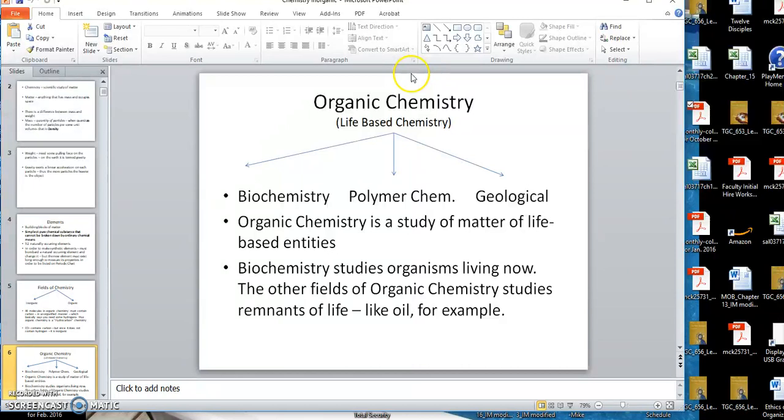Under organic chemistry, you can put different ones: biochemistry, polymer chemistry, like oil and glass, geological. Because what we're interested in is the chemistry of the existing now. Remember, oil is dead organisms that have been compressed in the earth. So our study is on biochemistry, which is subsumed under organic chemistry.